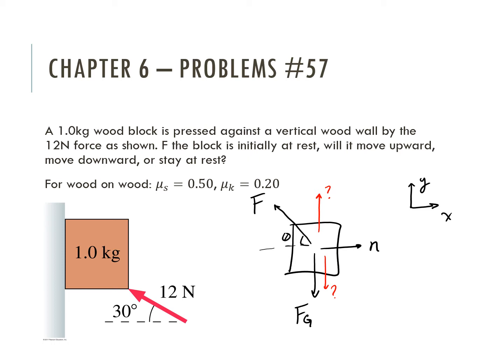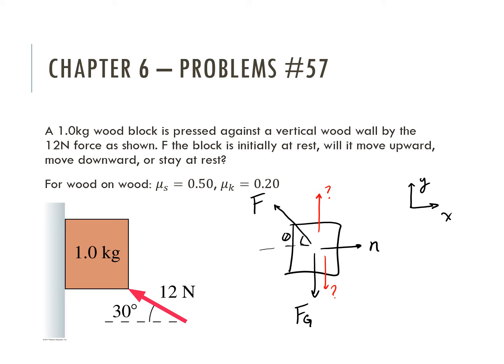Because again, what I've noticed for students is if they include something on the free body diagram, they automatically assume that is correct, and they might apply friction incorrectly because they've guessed the wrong direction initially. So we don't know the direction this box is moving. Therefore, we don't know the direction of friction. Because if the box is going to move upwards, that would mean that kinetic friction points down.